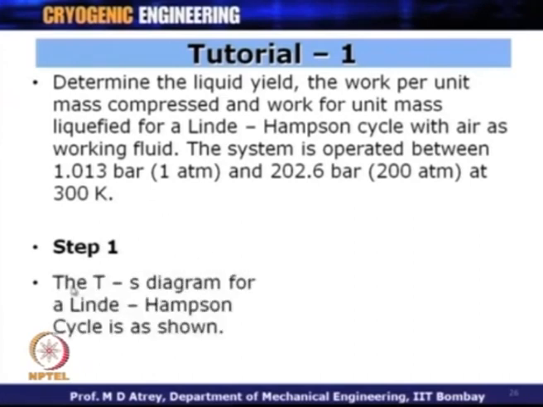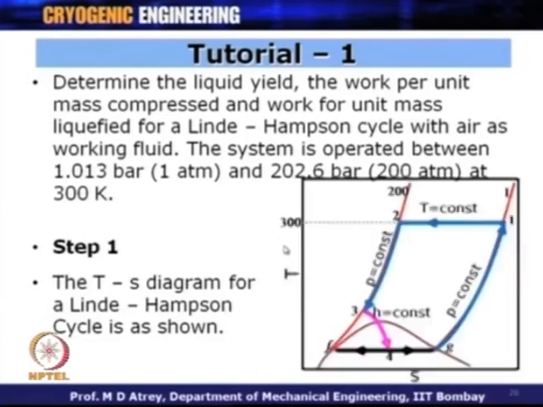Step 1 is the TS diagram for a Linde-Hampson cycle, as shown. First plot a TS diagram and get the different enthalpy values and entropy values associated with those points from the chart available with you. Here I am drawing a small schematic, and you should also draw a small schematic showing the cycle 1, 2, 3, 4 of the Linde-Hampson cycle as given over here. The point 1 is at 300 Kelvin and 1 bar.